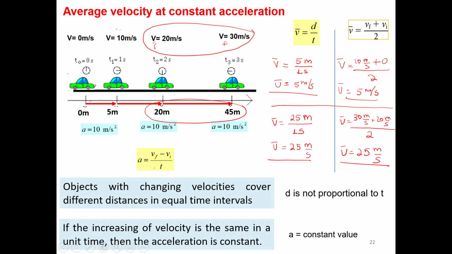The distance is not proportional to t. Both increase, but not in the same proportion. If this increases by 1, this increases in another proportion. We will discuss this in detail later, but I just want you to be aware of it. The distance is not proportional to time when the acceleration is constant.